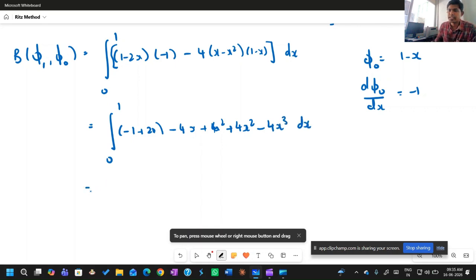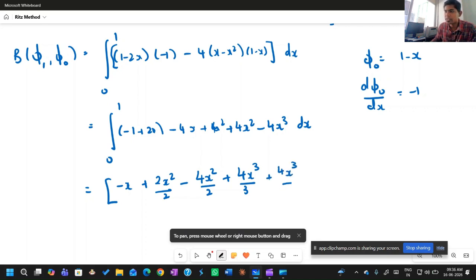So we will be getting minus x plus 2x square by 2 minus 4x square by 2 plus 4x cube by 3 plus 4x cube by 3 minus 4x power 4 by 4 from 0 to 1.